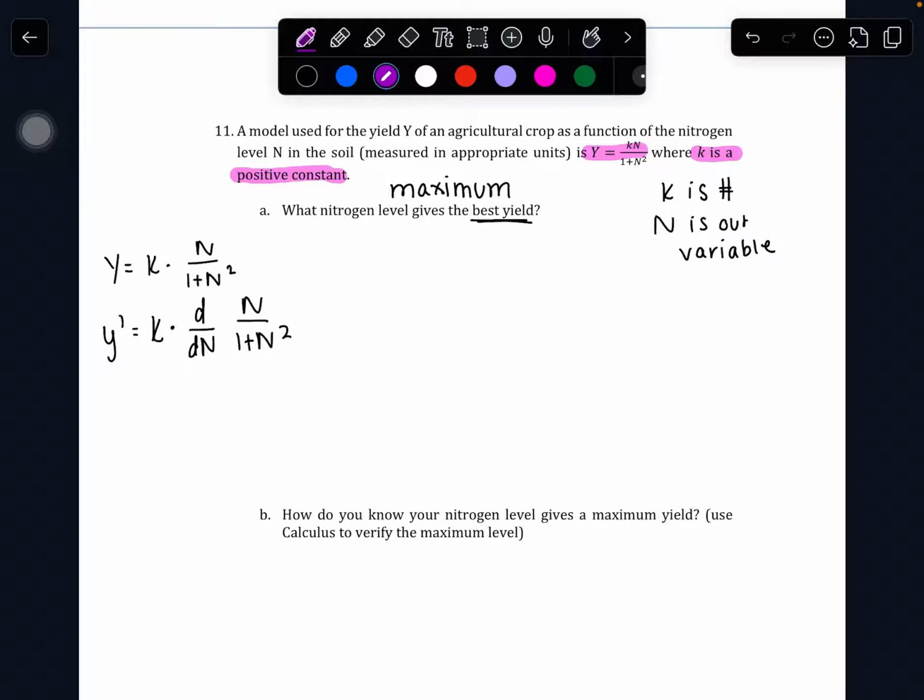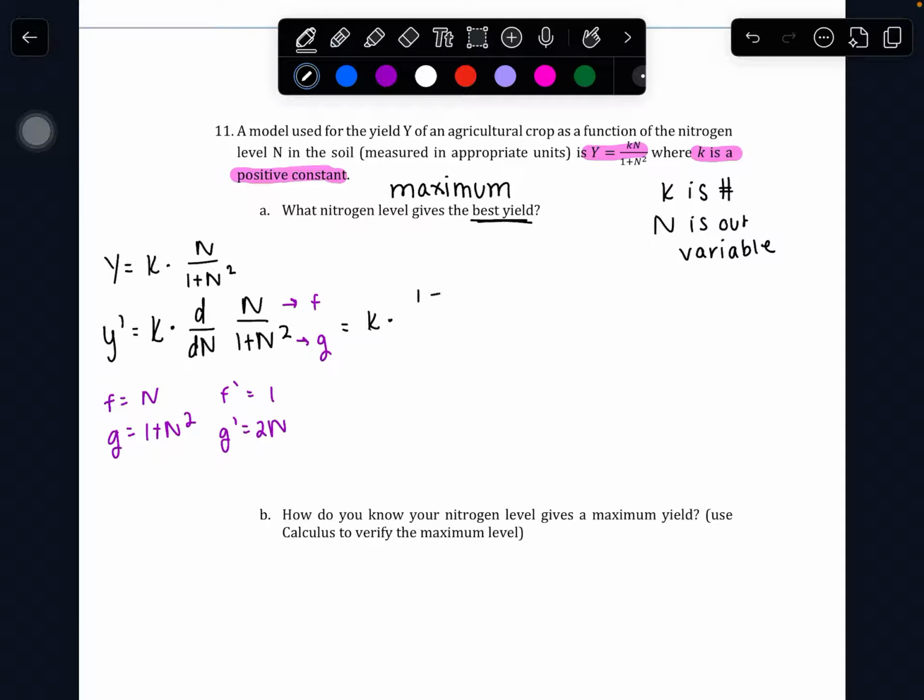How do I take the derivative of a fraction? Well, I have the quotient rule. So here's f, here's g. F is n, g is 1 plus n squared. That means f prime is 1, and g prime is 2n. So y prime is going to be equal to k times f prime g minus g prime f all over g squared.